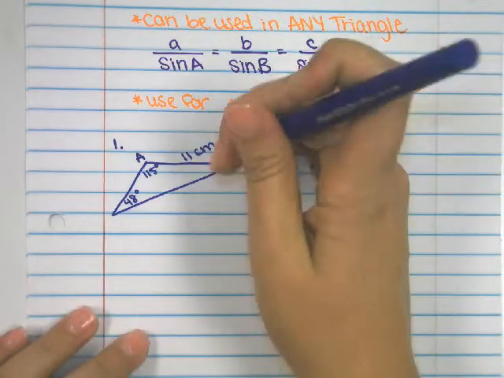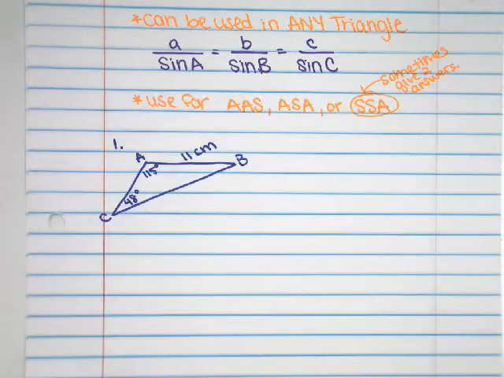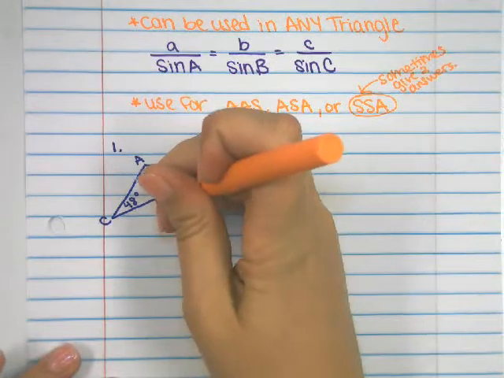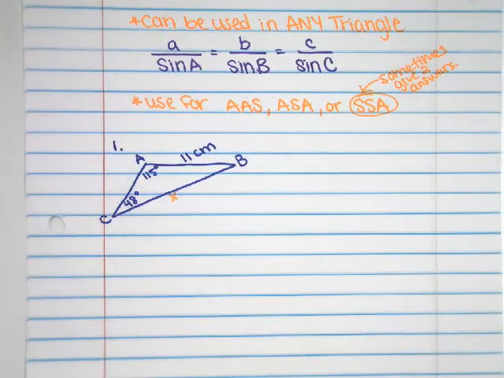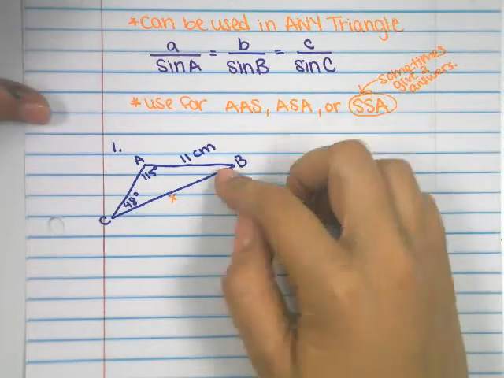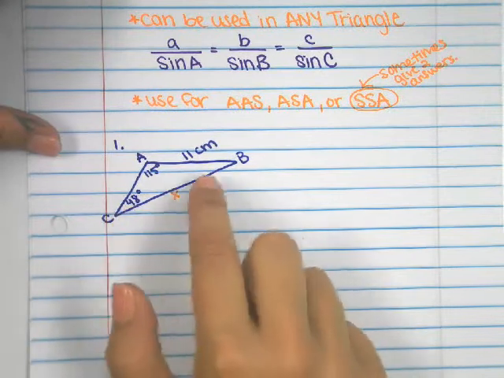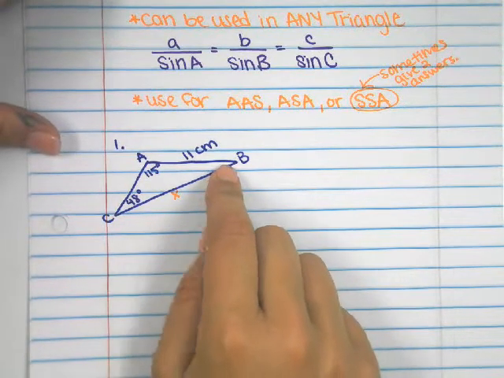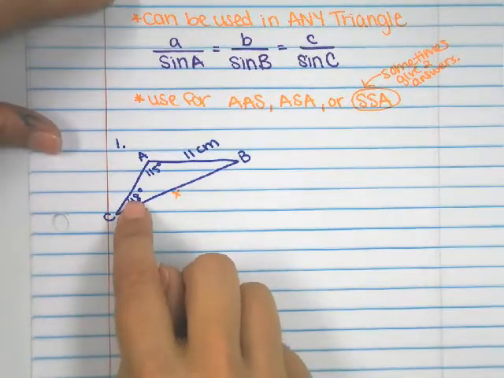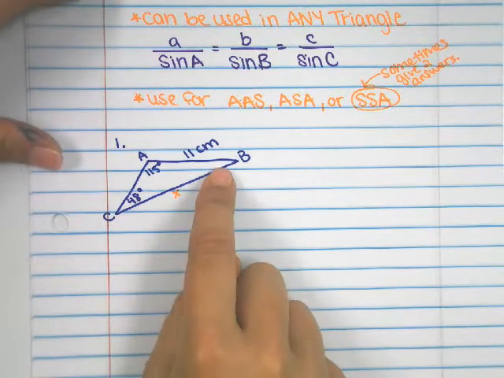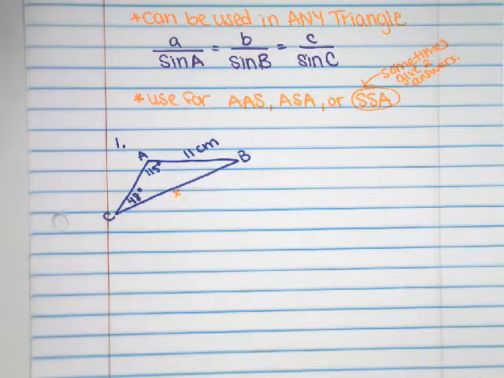I'll label this as B and this is C. We want to find this side. All right. So a couple things. If we needed to find, let's say, angle B, we know that the three angles within any triangle add to 180. So we could take this and this away from 180, and that would leave us with angle B. So that's something else we could find in this triangle.